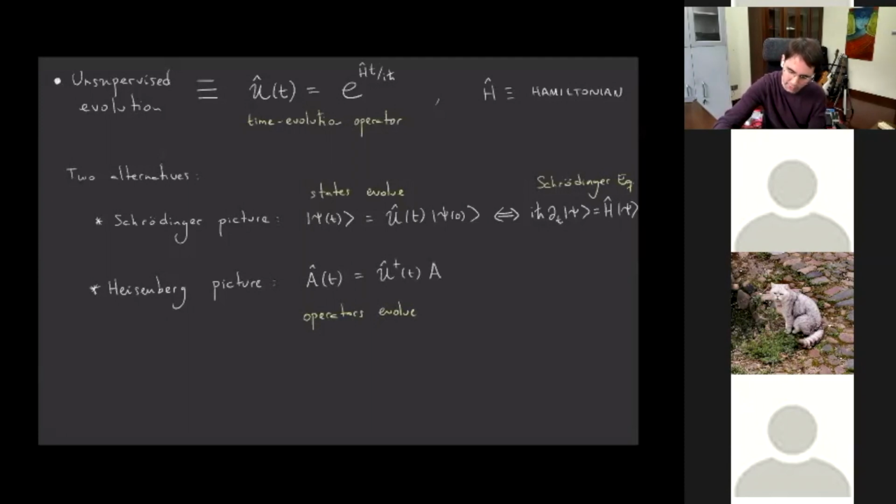We apply a similarity transformation, as it is known in algebra, using the time evolution operator, which is a unitary operator. So in particular, if we start from some initial operator A, or in general operators A, then we apply U dagger A U, and then we obtain the operator at a later time t. And again, this has a differential form that is known.